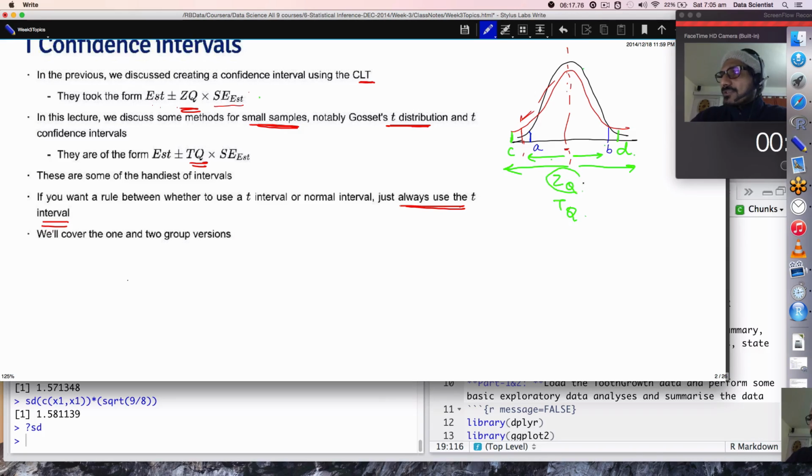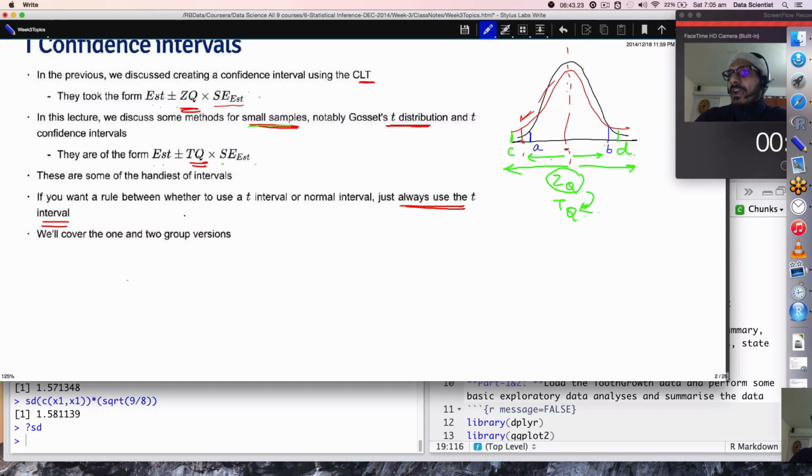Anyways, ZQ has now been replaced by TQ. So we say that when the sample size is small, we use the T distribution and T confidence intervals. The distribution is the T distribution, represented by TQ, and the confidence interval becomes the estimator plus minus the T quantile times the standard error of the mean of the estimator.